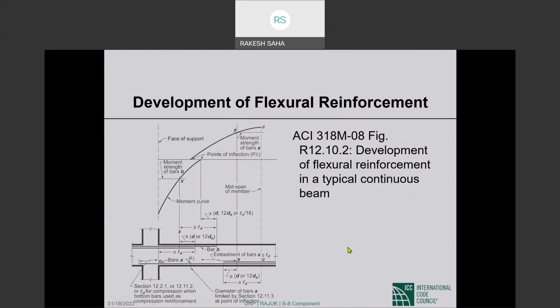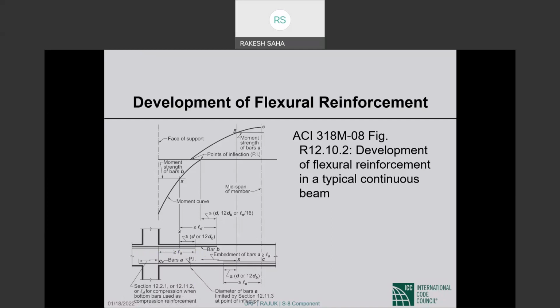Okay. This picture out of the ACI 318 commentary is a good one, and let me talk about a few things. So at the support section there are those bars, the bars B and the additional bars. They don't have to be in two different layers.